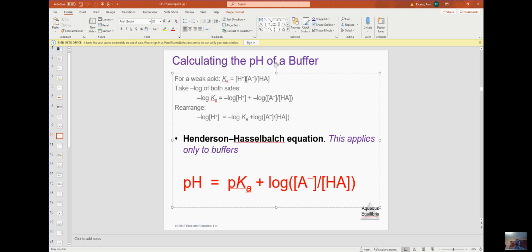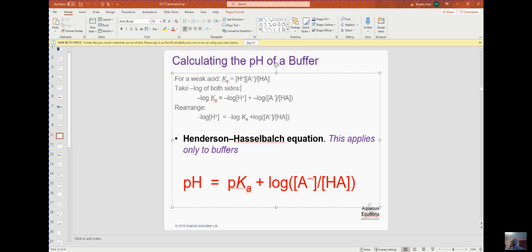So basically, the initial concentrations of A minus and HA that originally went into the buffer are not going to change very much. And you can calculate the H plus based on knowing the A minus and HA you originally had and what the Ka is. So let me write something down for that right away, and then I'll derive the equation.